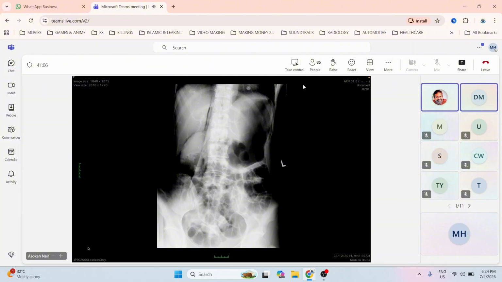D2 and D3. Yes, D2 and D3. From D1, it goes to D2, it goes retroperitoneum. Then from D3, when it goes to D4, it comes out. Okay, so D2 and D3. Where else?